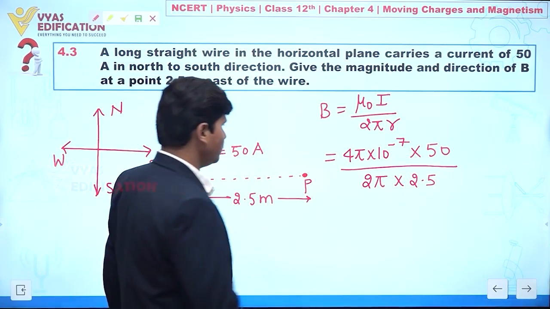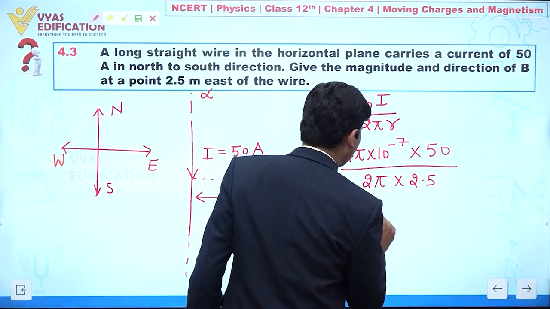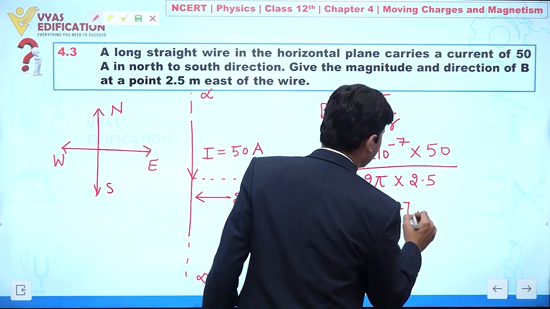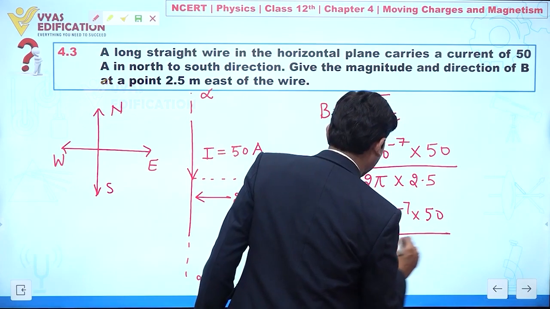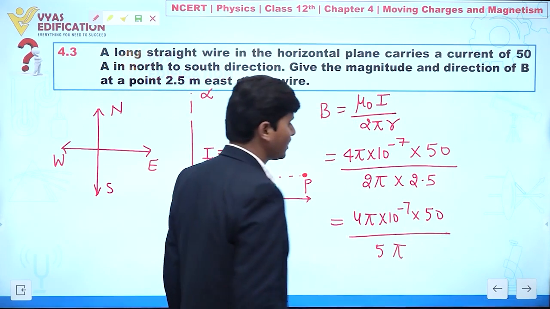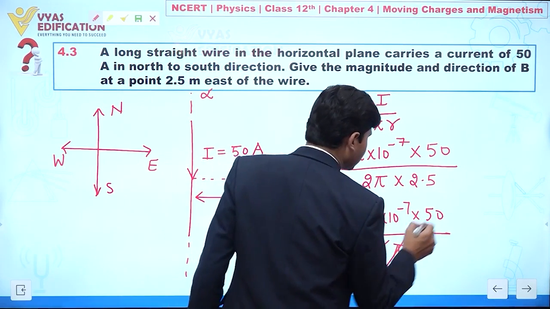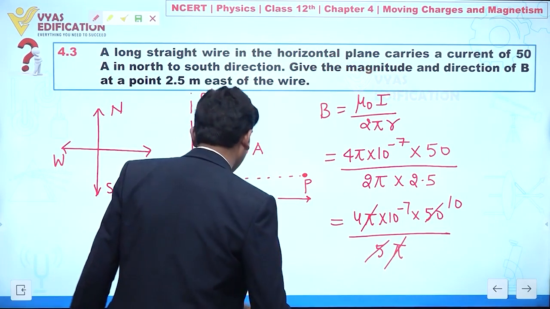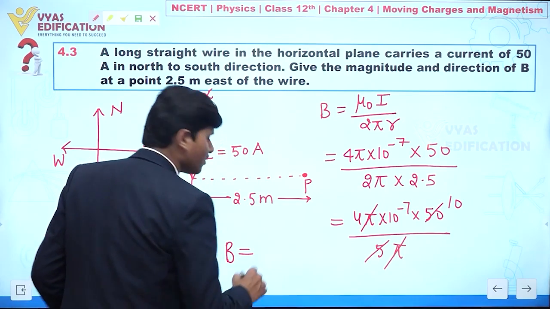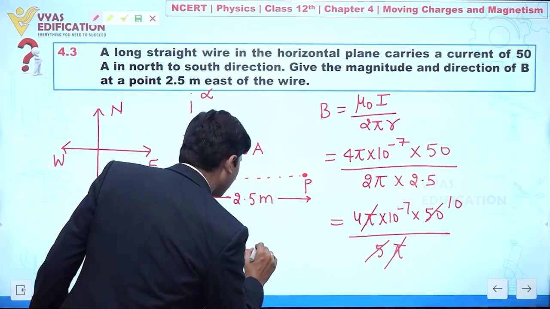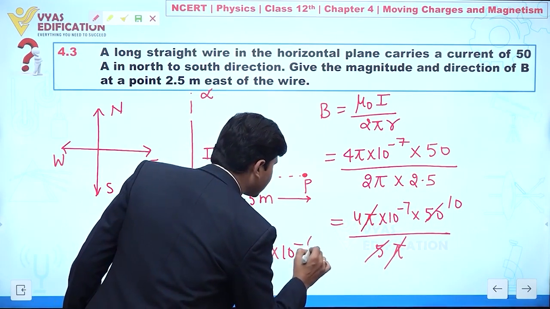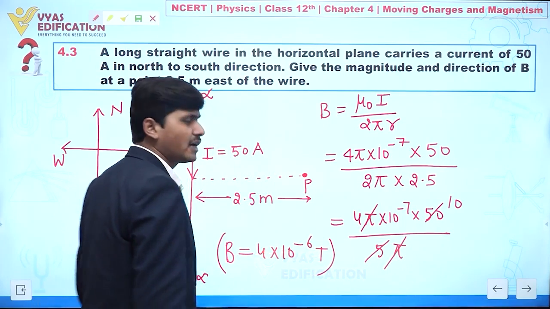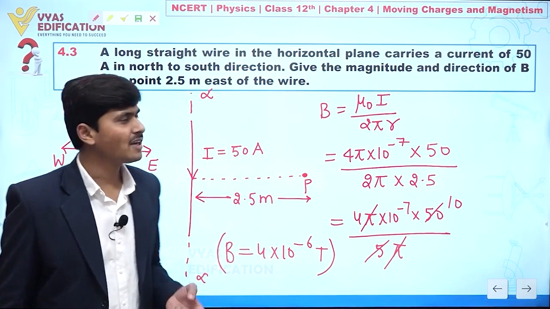So 4 pi into 10 to the power minus 7 into 50 divided by 5 pi. Pi and pi cancel, and this one is 10. So we get the value of magnetic field B as 4 into 10 to the power minus 6 Tesla. So this is the value of the magnetic field.